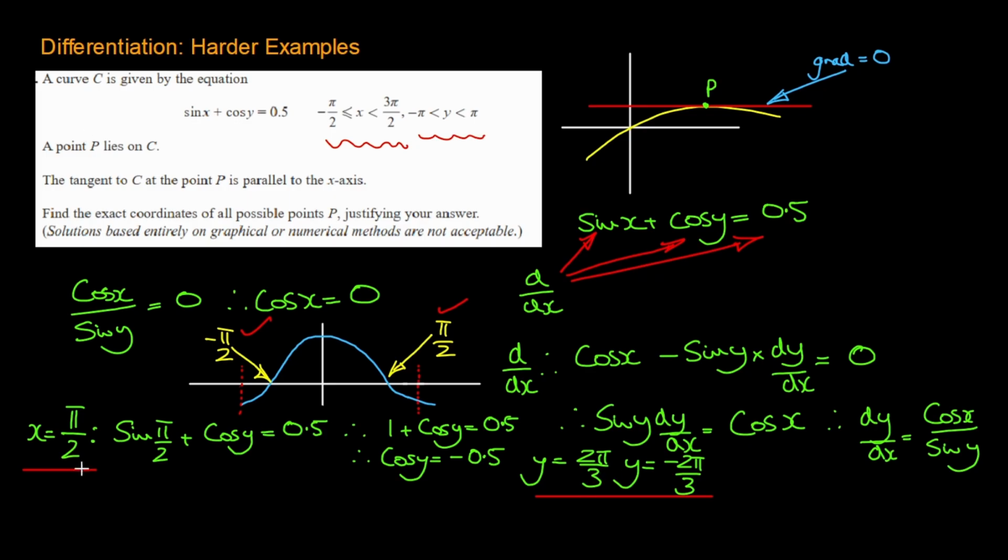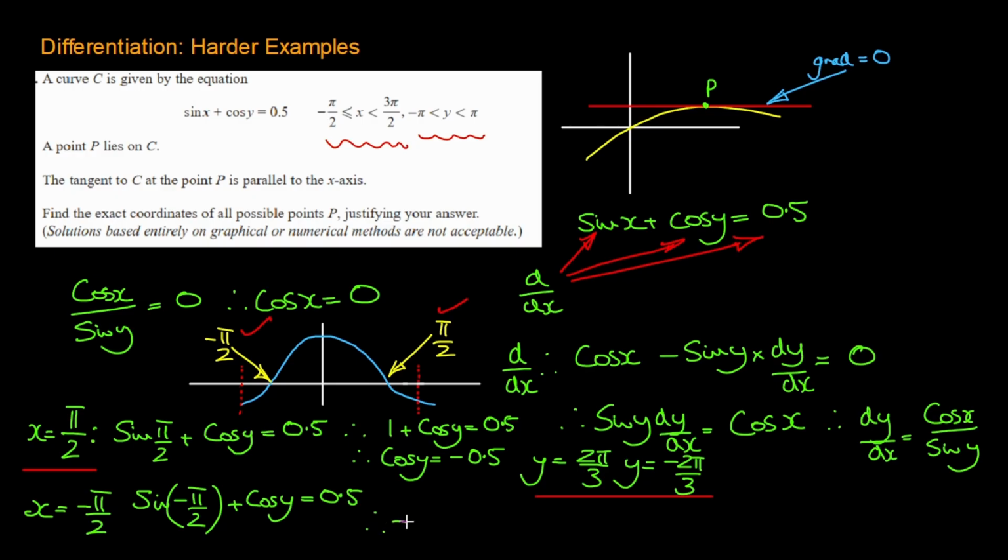Now let's try x is equal to negative pi by 2. Again, popping it into here, we get sine of negative pi by 2 plus cos y is equal to 0.5. Now the sine of negative pi by 2, remember the sine curve comes down here, is negative 1.